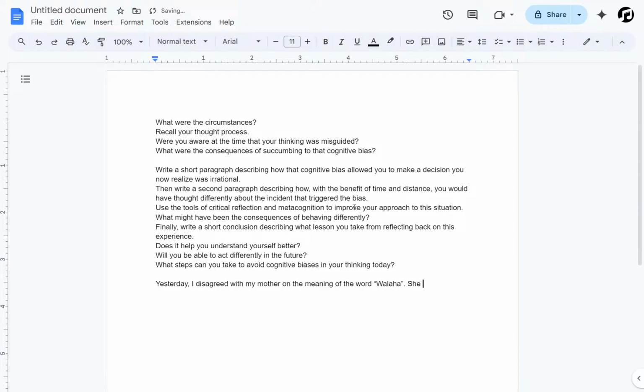She suggested that it means love, while I suggested it means seeking someone in fear.